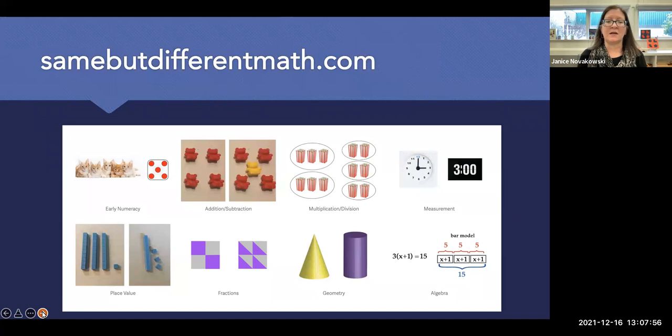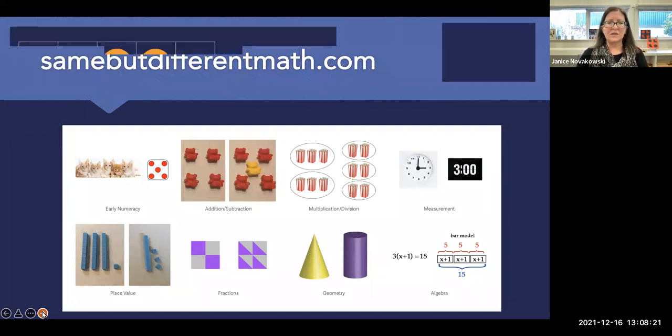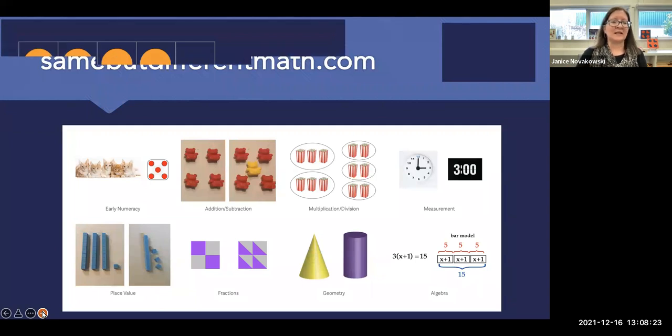So you can see that the images are put into different categories: early numeracy, multiplication, division, geometry, algebra, etc. So this is really a routine that can be used across the grades from pre-K all the way into secondary school. When you click on that category, there then is a collection of images either created by the educator that curates this website or that other educators have sent into them. So here are some examples from the website.